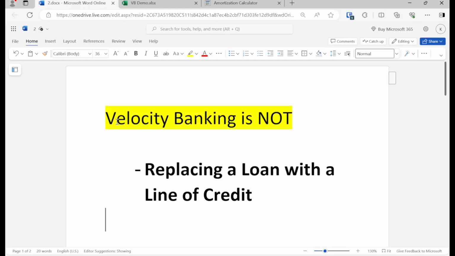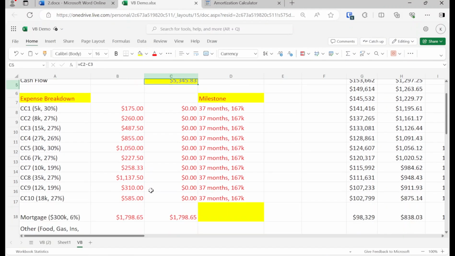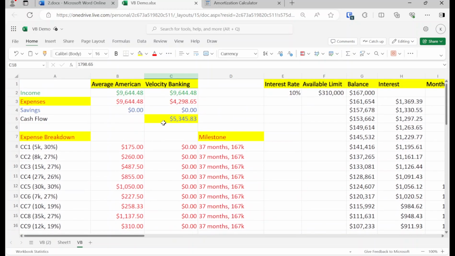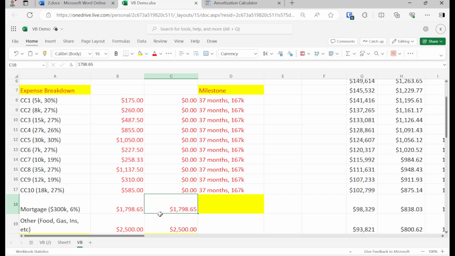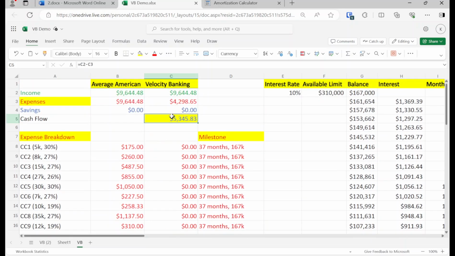So you kind of get the best of both worlds by using both lines of credit and loans, right? And we do eventually want to pay off the loan. It's just we've got to pay it off last, because if we pay it off first or transfer into a line of credit, we're actually going to go into negative cash flow. Whereas if we do it the right way in velocity banking, there's a component or philosophy of paying off debts in the correct order. We want to increase this cash flow number as much as possible, as soon as possible.